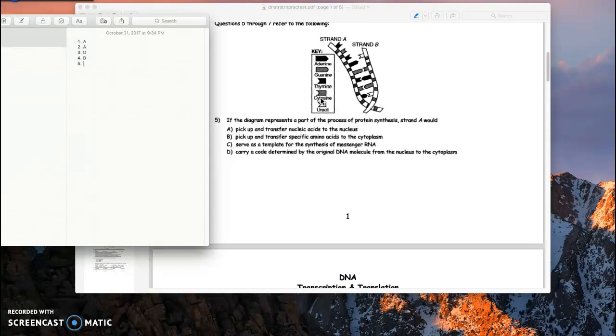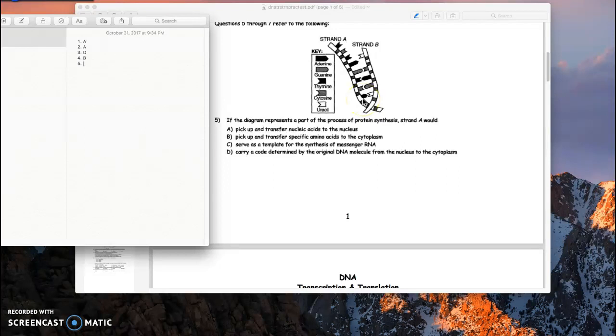So one of these strands is going to be DNA and the other one is going to be RNA. We can remember that DNA has the base thymine in it, whereas RNA has the base uracil in it. So we can look and see that thymine looks like fully black with a triangle cutout, and strand A has thymine in it.